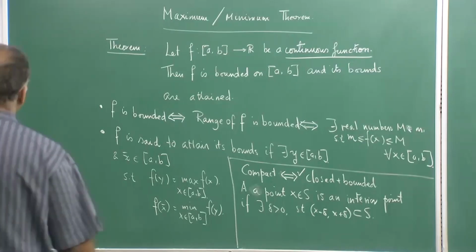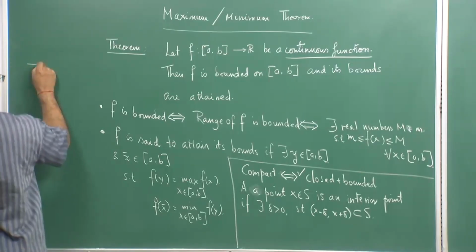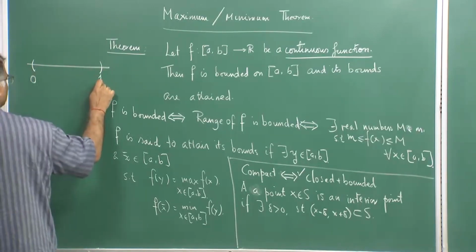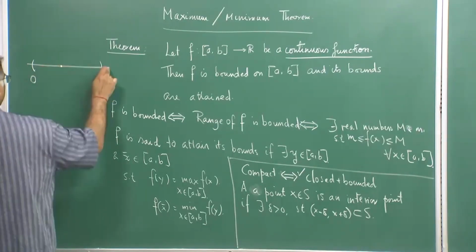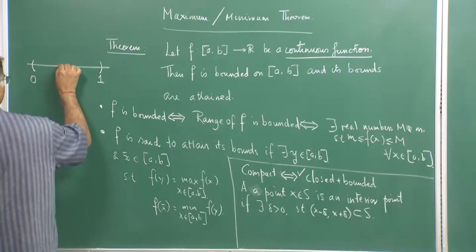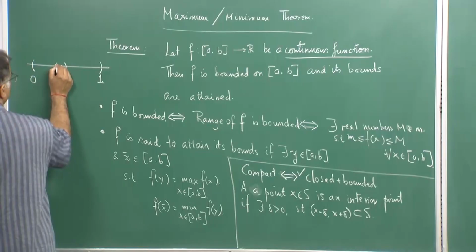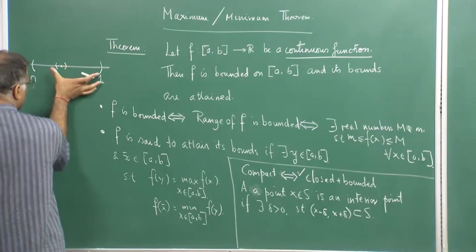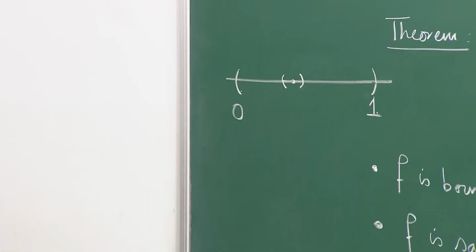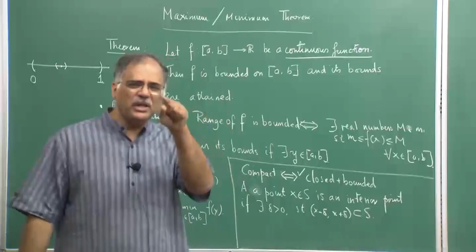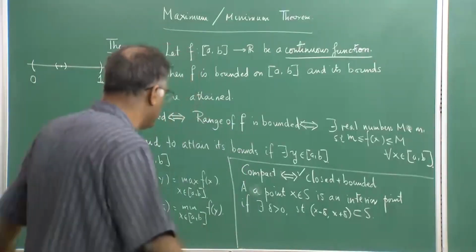For example, if you take a set like this, say 0 1 open interval, take any point here, do not take these points 1 and 0, take any point here, you can always get a small neighborhood around it. And this small neighborhood is inside this set, inside the open interval 0 1. So, a set is said to be open if all its points are interior points.